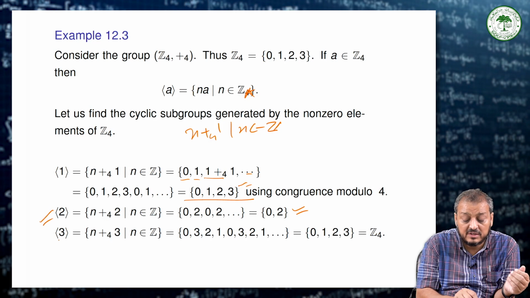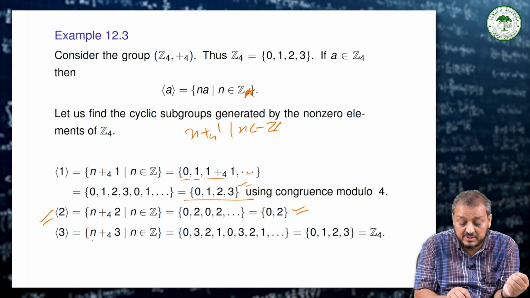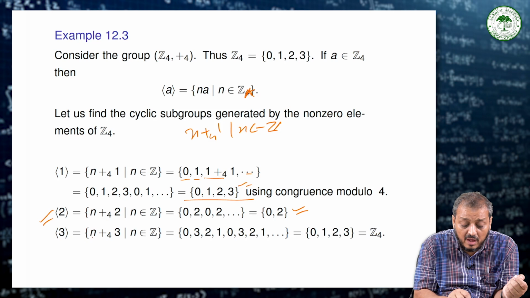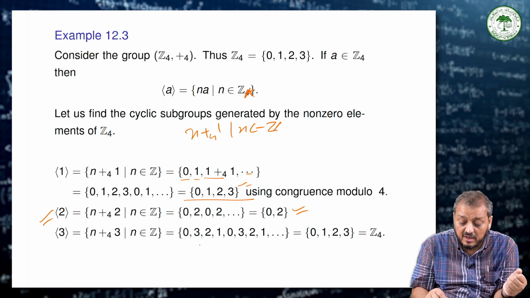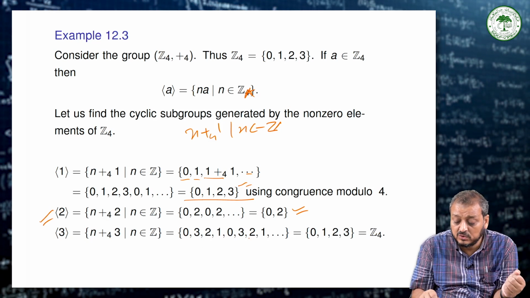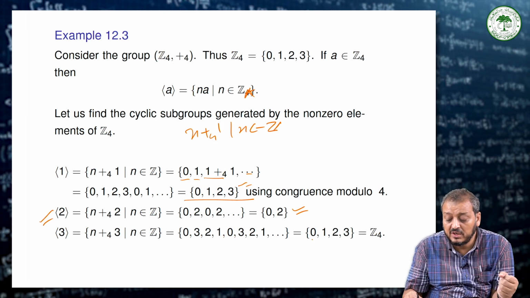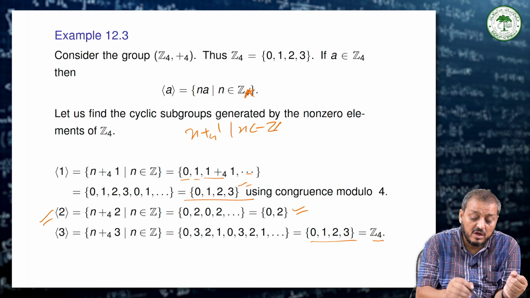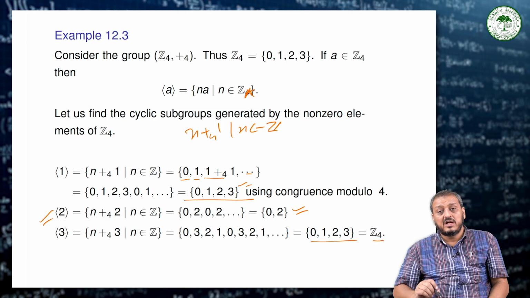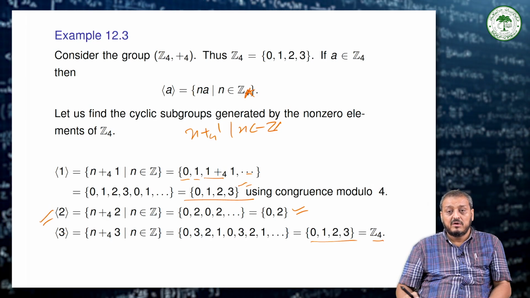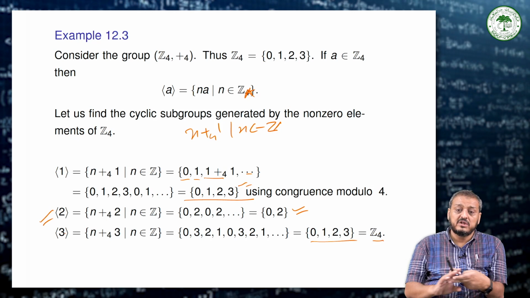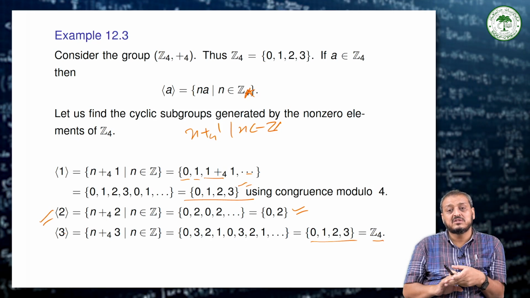Now we take 3 under addition modulo 4, and we get 0, 3, 2, 1, and so on, again 0, 3, 2, 1. So we get 0, 1, 2, 3, which is equal to Z4. So in Z4 under addition modulo 4 we have two generators: 1 is a generator and 3 is a generator.